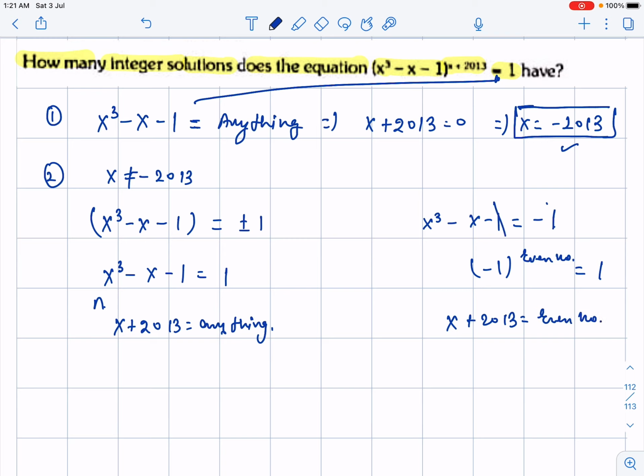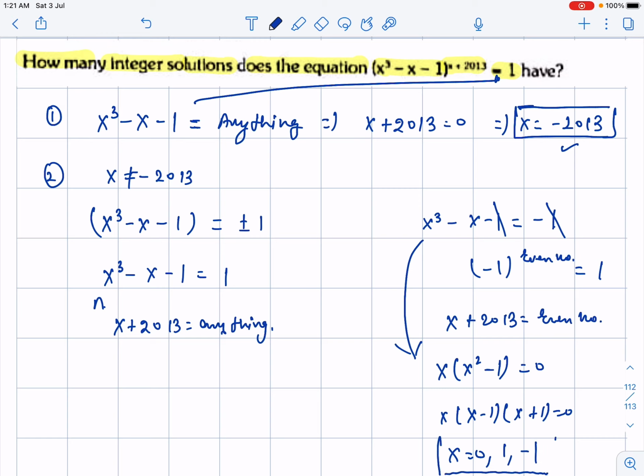So minus 1 and minus 1 will get cancelled over here. We'll get x into x square minus 1 is equal to 0 from this. So x into x minus 1 into x plus 1 is equal to 0. That will generate x is equal to 0 or 1 or minus 1. These are the three values of x we are knowing.